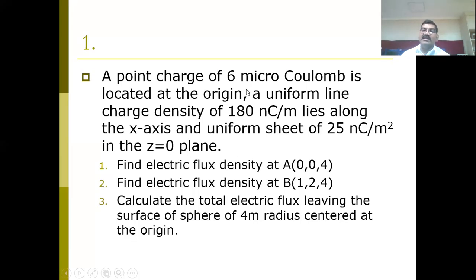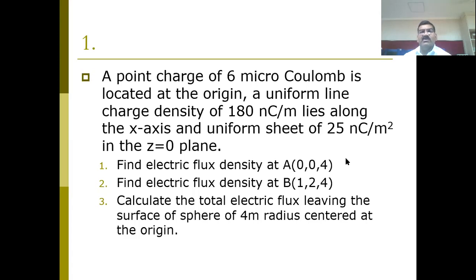So all these three are there: this is the point charge, this is the line charge, and this is the surface charge. Again, three things you have to do. Find the electric flux density at A (0,0,4), problem number 1. Due to all these three charges, you have to find the electric flux density at (0,0,4).